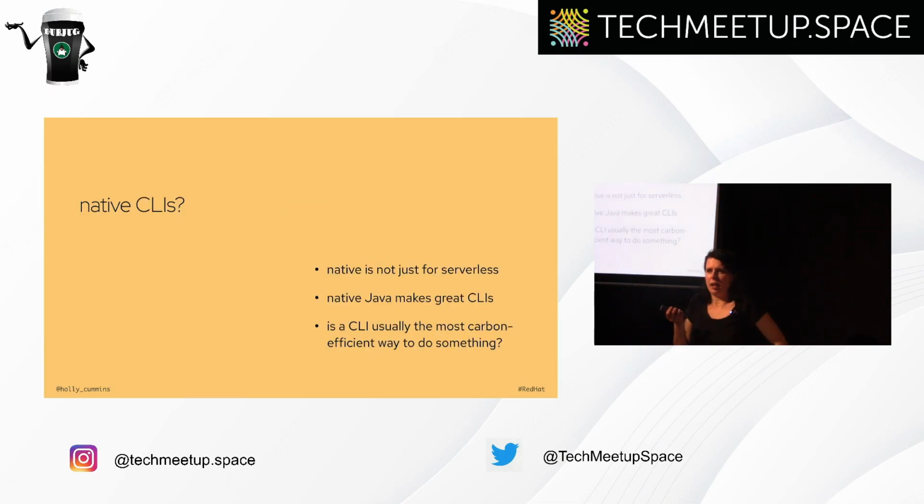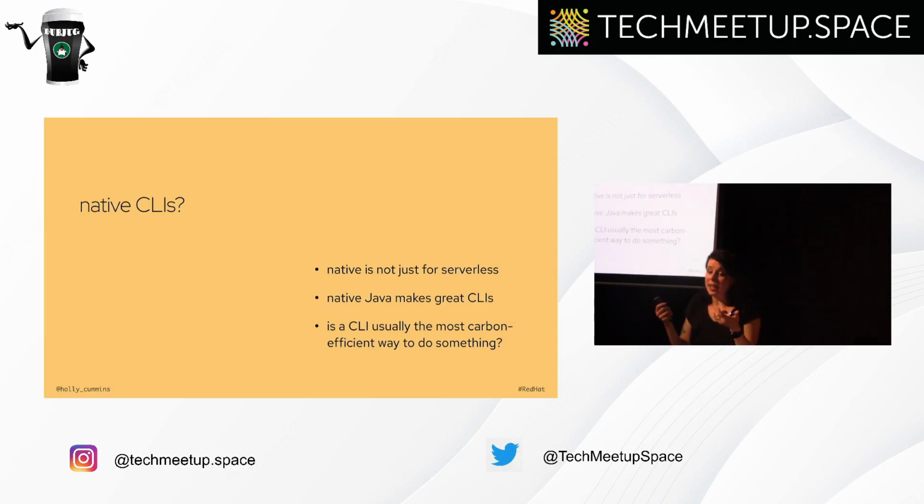Another thing to think about is command line interfaces. We talk about native as being really good for serverless, and I hadn't realized until someone pointed it out to me that native is also really good for writing a CLI. So you can write a Java CLI, compile it to native, and it can do things like tab completion. Because it's so fast that when you hit tab, it will start up, figure out what it should tell you, and then shut down again.